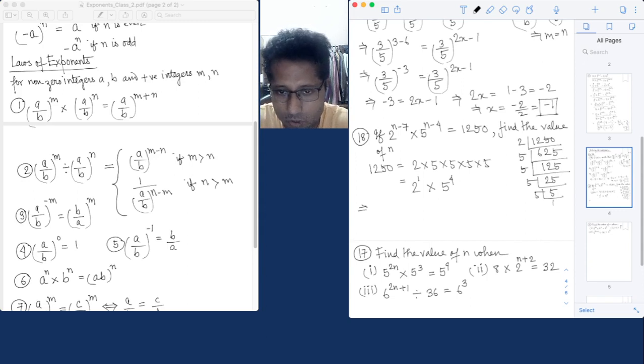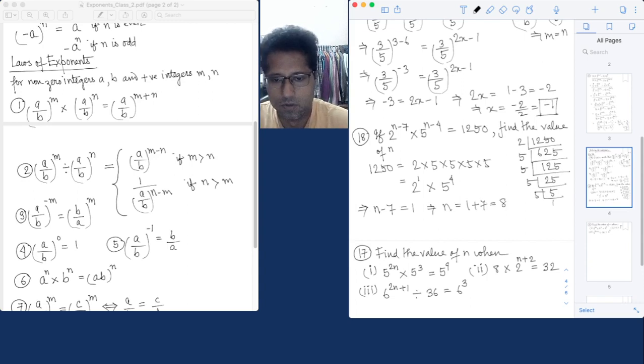So obviously this means we can now equate the powers of 2 and the powers of 5 on both sides. The power of 2 in the left hand side is n minus 7. I can equate that to the power of 2 on the right hand side, that is 1. This implies n equals 1 plus 7 equals 8.